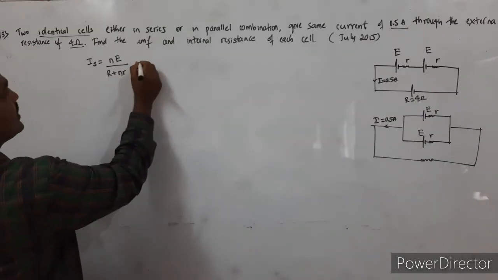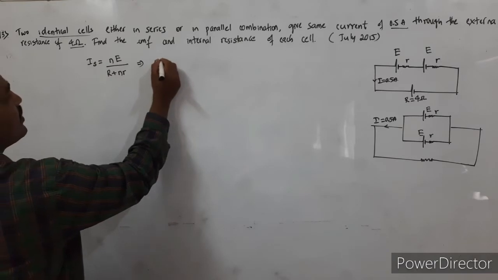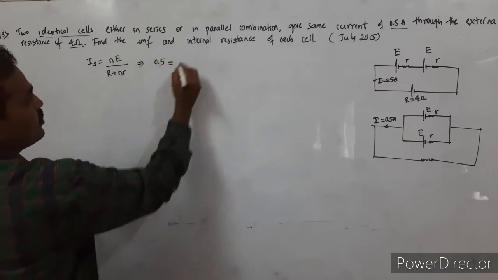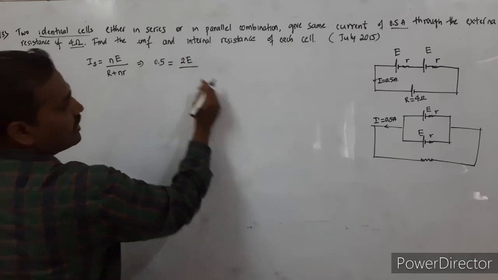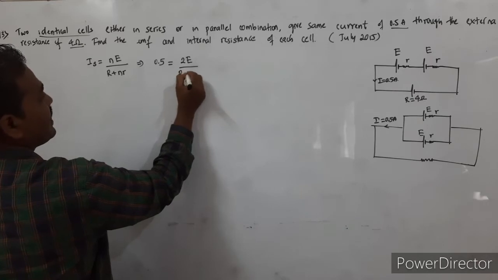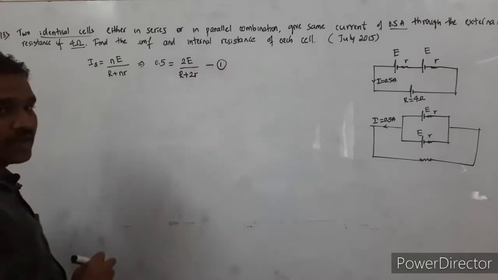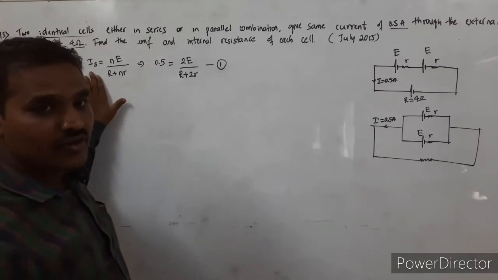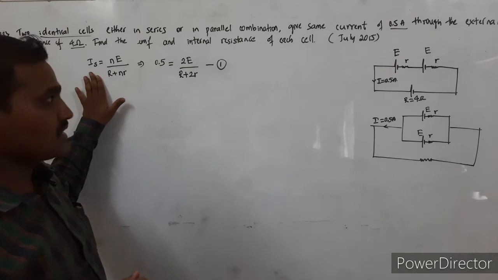If I substitute that, 0.5 is equal to 2E divided by capital R plus 2r. Let it be equation number 1. Remember this equation for the series connection of n identical cells.